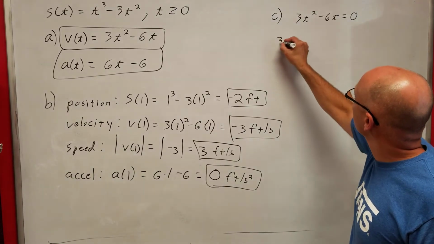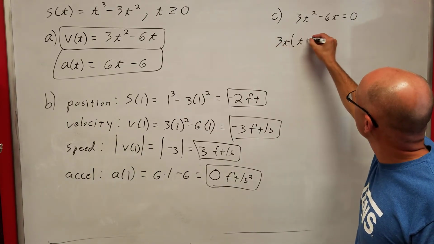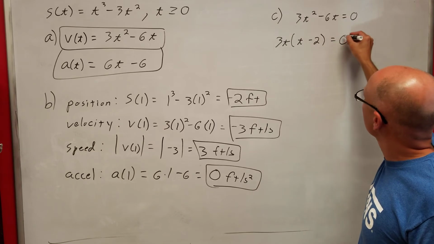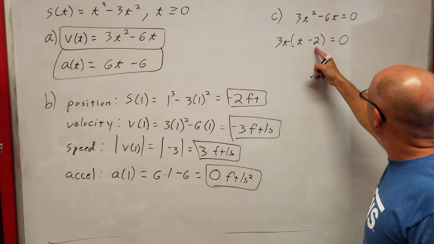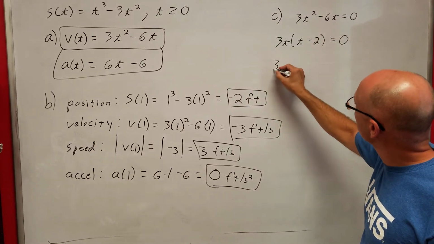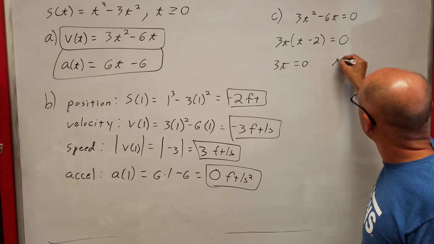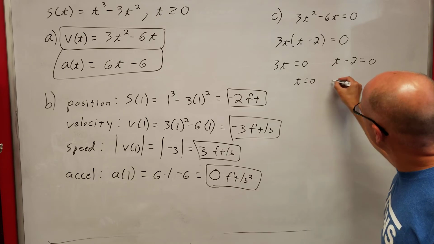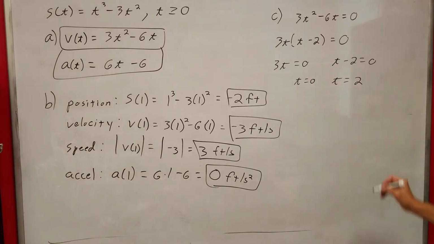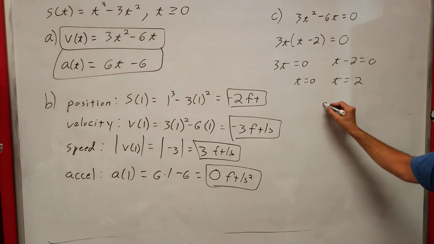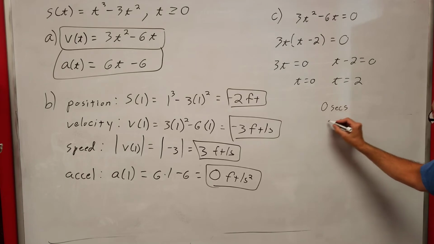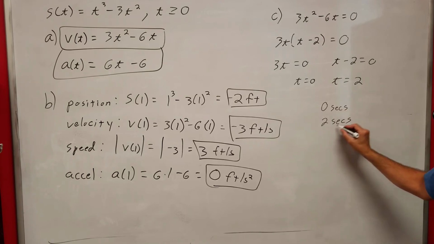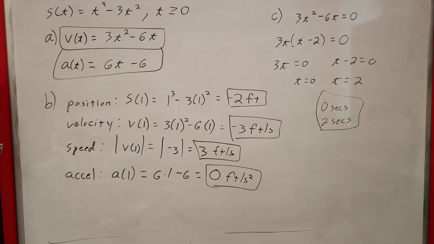I can factor 3t out, and we have 3t times t minus 2 equal to 0. Set each factor equal to 0, so t is equal to 0 and t is equal to 2. So when is the particle stopped? At 0 seconds and at 2 seconds.